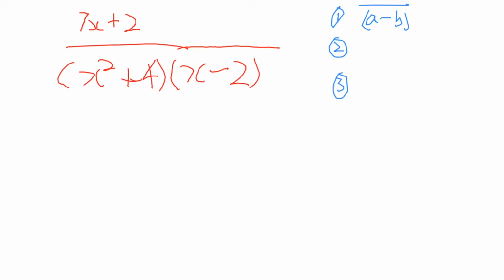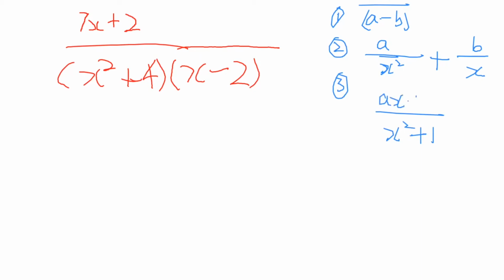And then the next one is x squared plus something, with Ax plus B on top. And then your third case is this. Hopefully I remember correctly, because I did not touch this concept for quite some time. Okay, so these are the three cases.